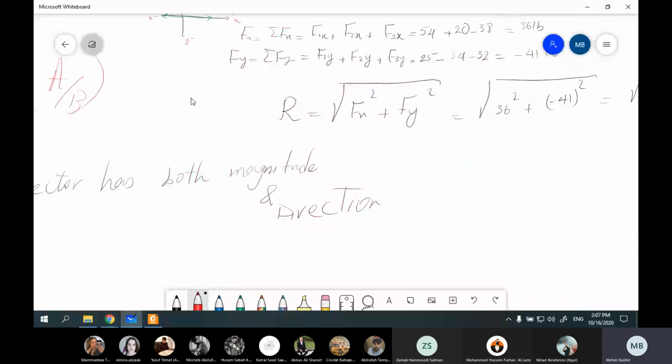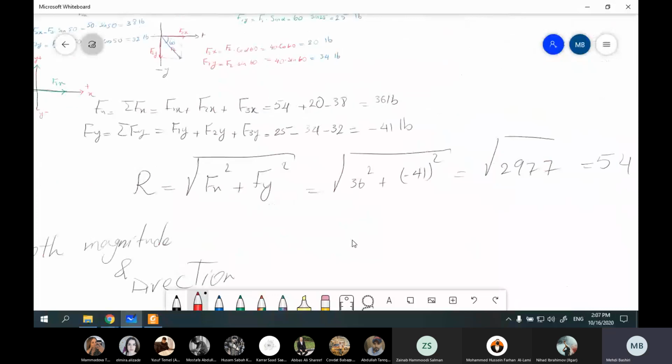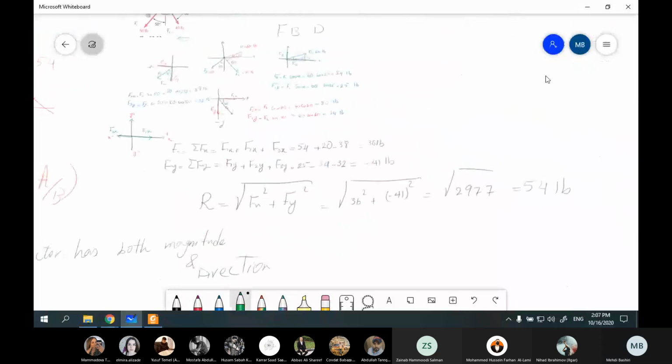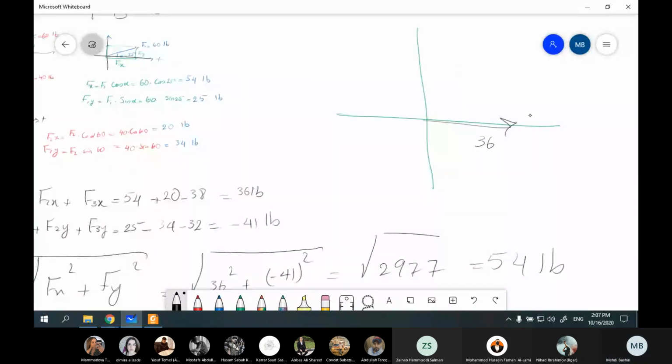So in our case, this is the final force of all components. We have a force in the positive direction. This is our Fx, you can see it here, 36, and this is our Fy, negative 41.